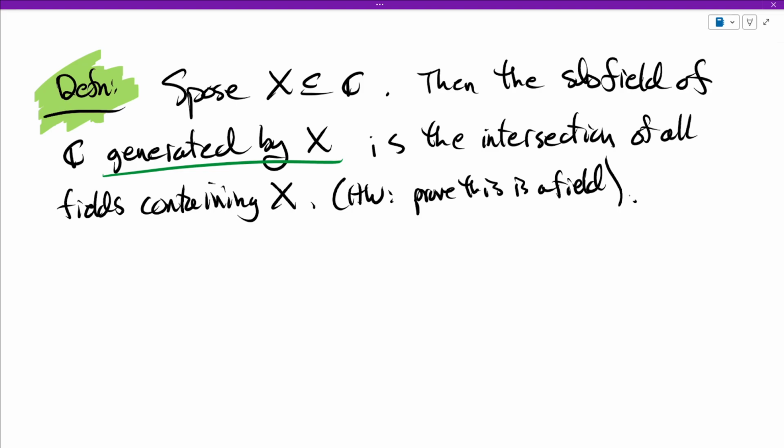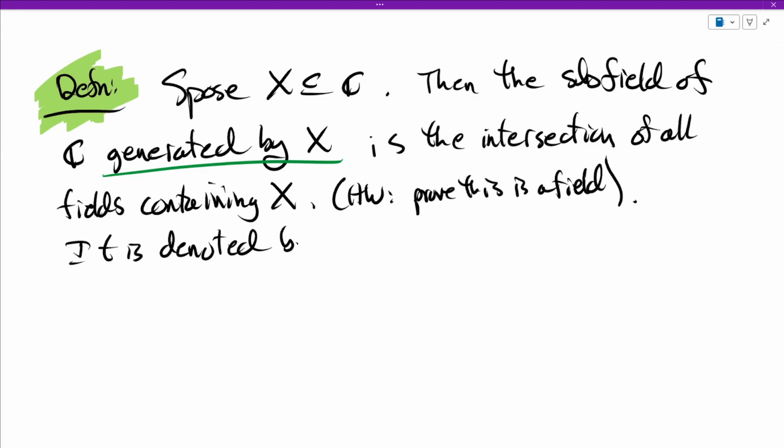Okay, great. We will have a notation for this because we don't want to always write the subfield of C generated by X. What is usually used here, although we're never going to use it because we use something slightly different, is these angle bracket symbols.